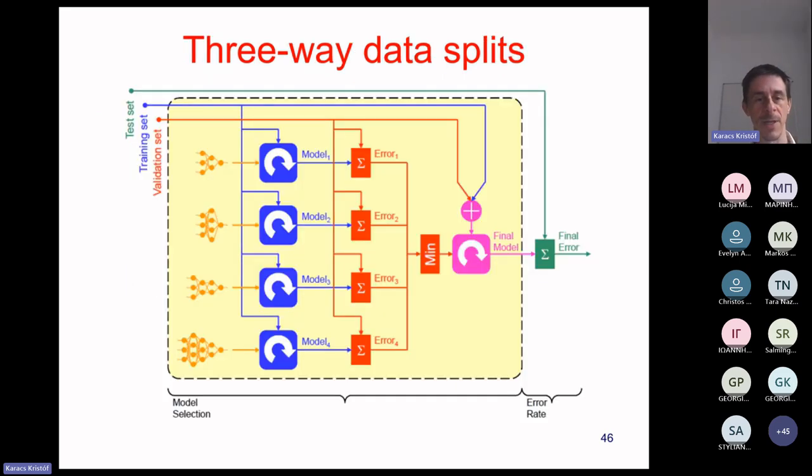This can be nicely visualized with a diagram as well, and it can help your visual memory to remember that you are going to have many more training rounds in this scenario, many more models, and you're also going to lose some of your data set from both the test set and the training set. So the kind of trade-off that I mentioned earlier will also apply here.